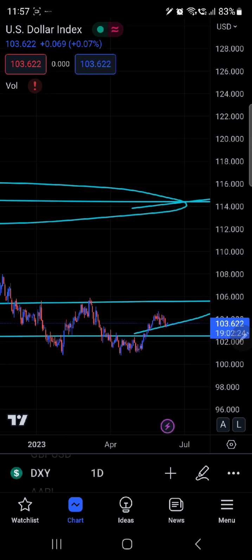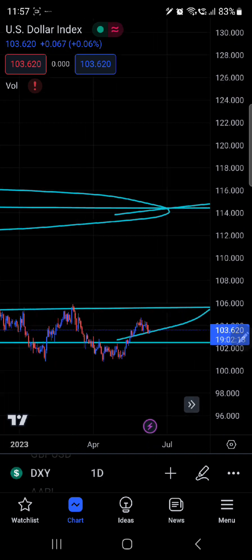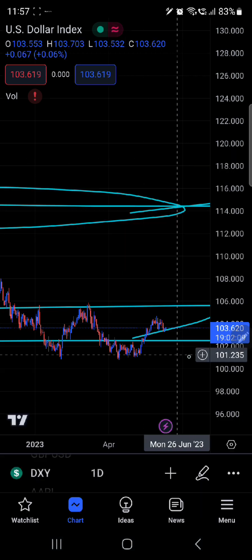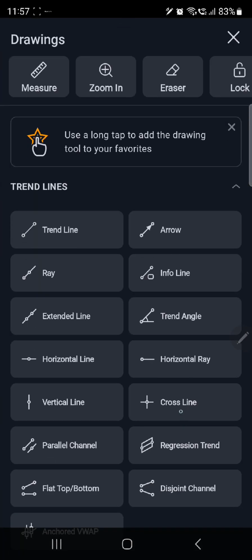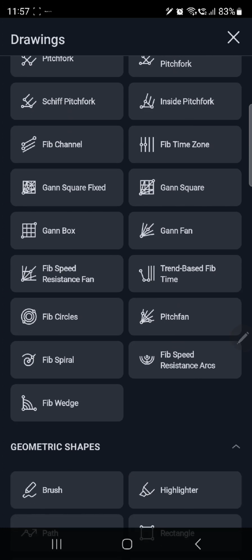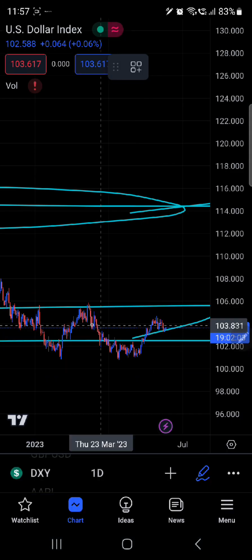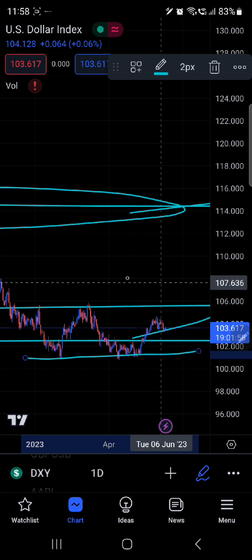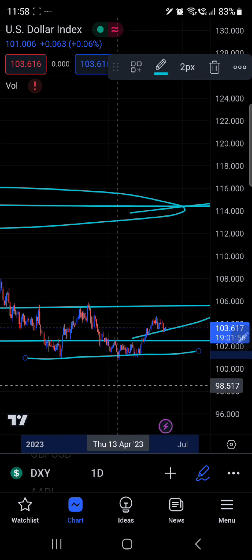If you see the overall movement, there is not much movement. It's just in between this support area, just moving up and down within the area.